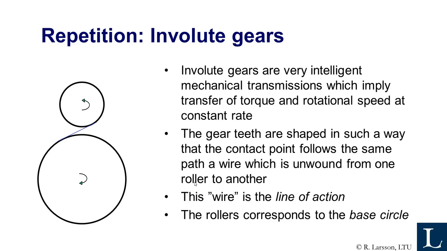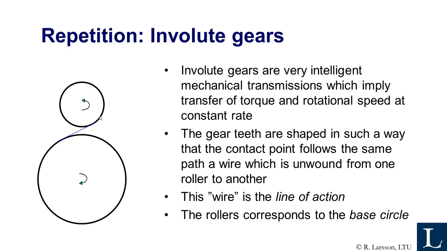Coming back to the involute gear, as I said, you may remember how it works, but it's a very smart invention, this involute gear. You remember that you start from two base circles like this. You can look upon the gear as a wire unwound from one surface up to the other circle, and that means that you can have a constant transfer of torque and speed.